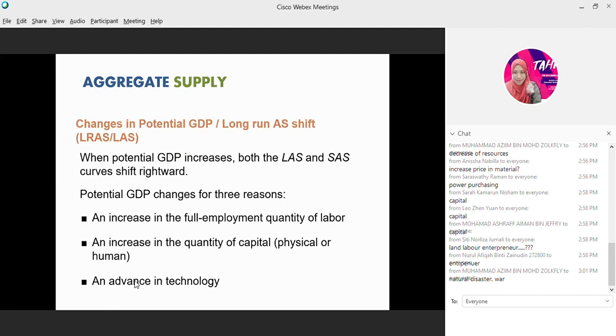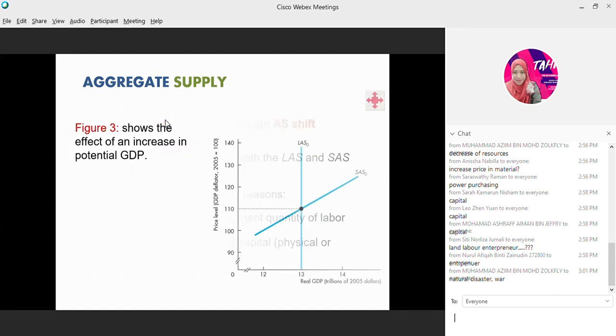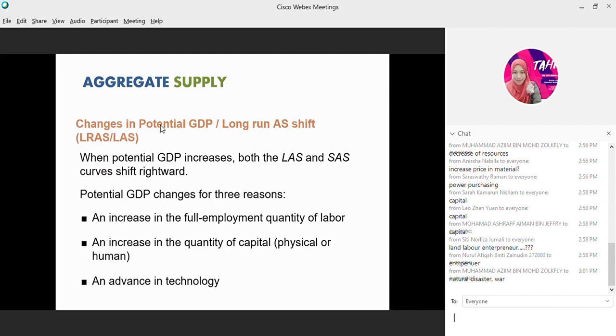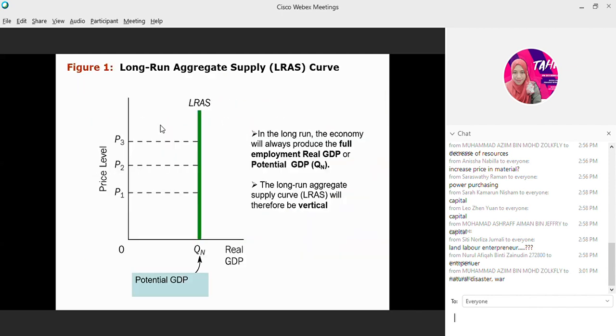Every time there is a change in the LRAS curve, let's say the LRAS curve shifts to the right, each time the LRAS curve shifts, SRAS also will shift in the same direction as LRAS. So SRAS also shifts to the right. It will follow. I will show it to you later.